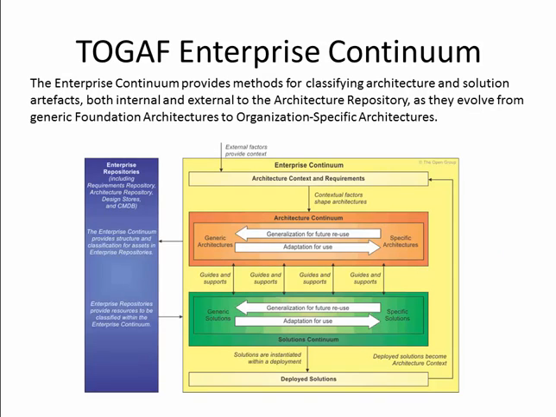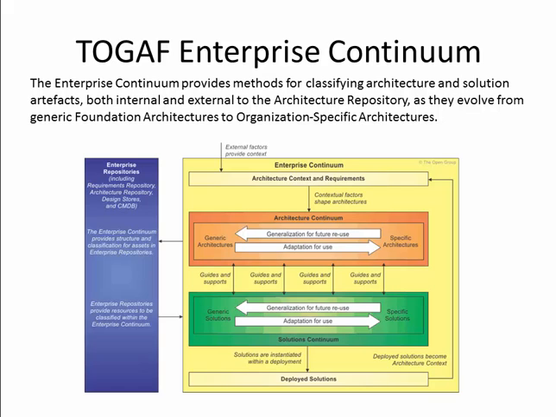The TOGAF Enterprise Continuum classifies the artifacts. It is used for classifying architecture and solution artifacts, both internal and external, of the architecture repository as they evolve from generic foundation architectures to organization-specific architectures.